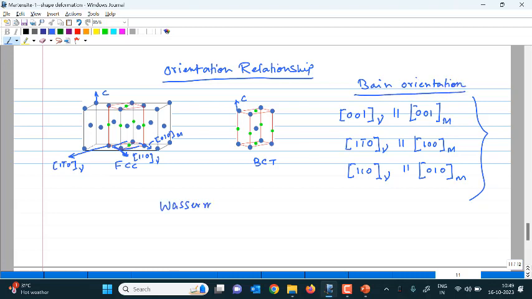People have also found other types of orientation relationship between these two phases. For example, this Wasserman Nishiyama orientation relationship. Then a related one known as Kurdjumov Sachs orientation relationship is also there. Okay.